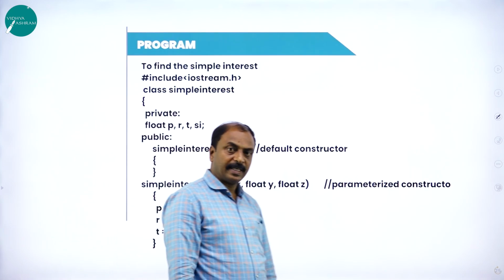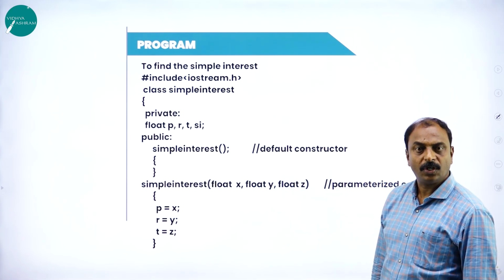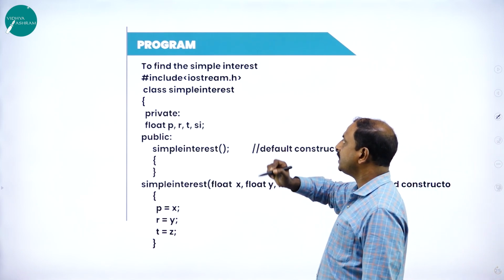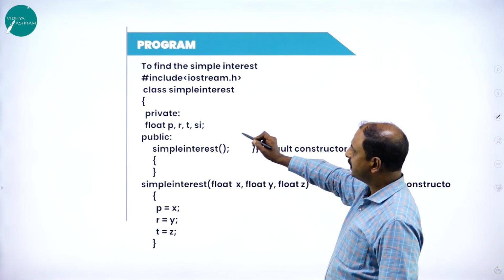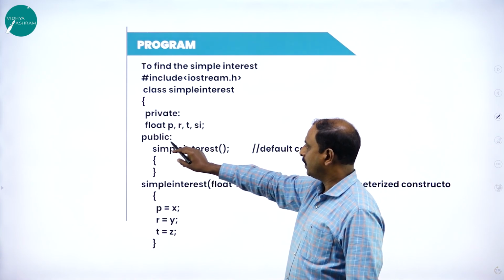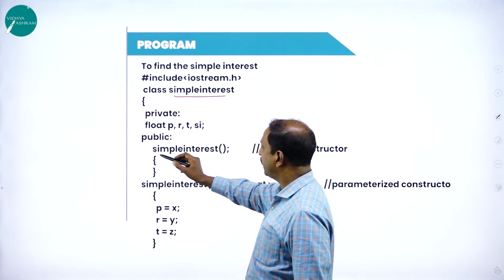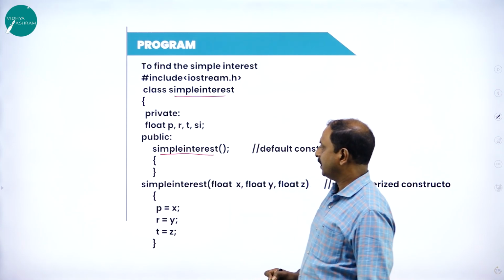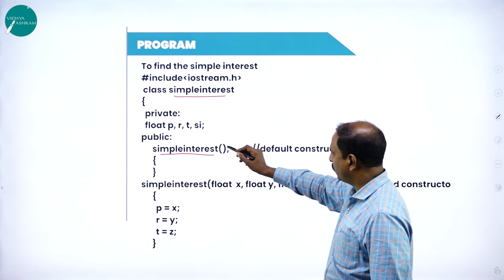Now let us see a simple example to show the usage of constructor overloading. This is the program to find simple interest. The program starts with the header file and class SimpleInterest. Under this we have private variables P, R, T, SI, and under public, SimpleInterest. Here SimpleInterest is the name of the class, and this is a constructor, the default constructor, where there are no parameters.